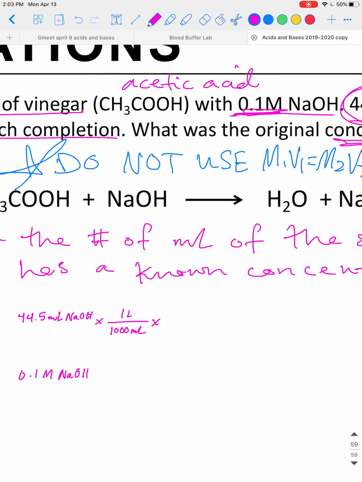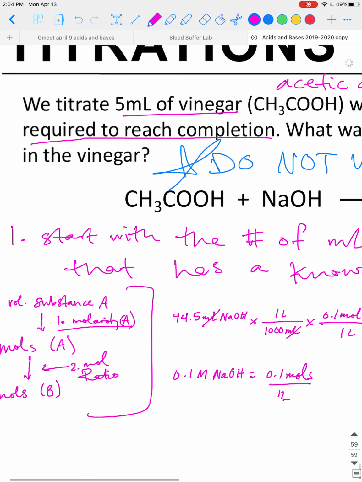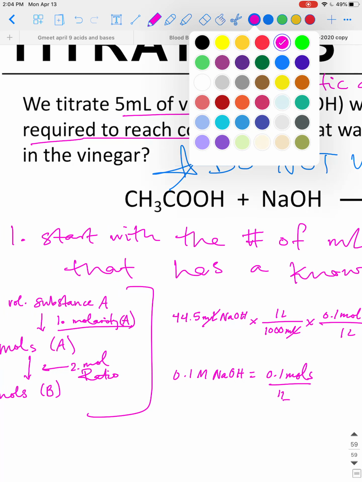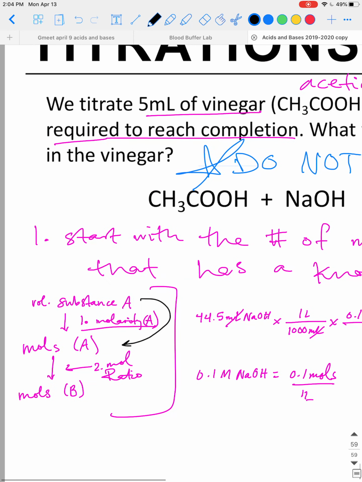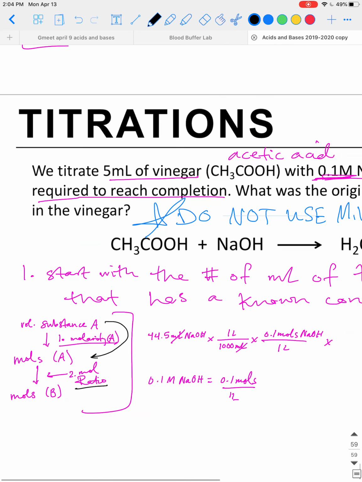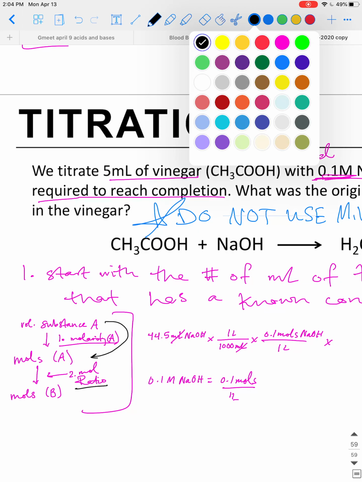Now we can use the molarity. 0.1 molar NaOH equals 0.1 moles per 1 liter. So milliliters have canceled out. We have liters on top right now. We'll say for every 1 liter, there's 0.1 moles. That's step 1. We use the molarity to go from substance A in volume to moles of substance A.